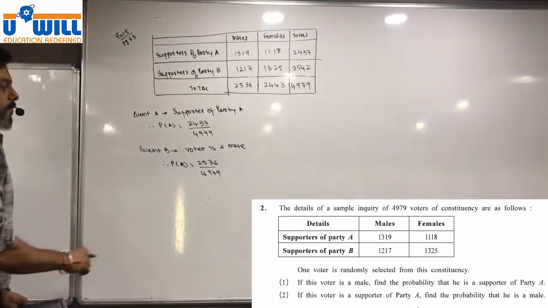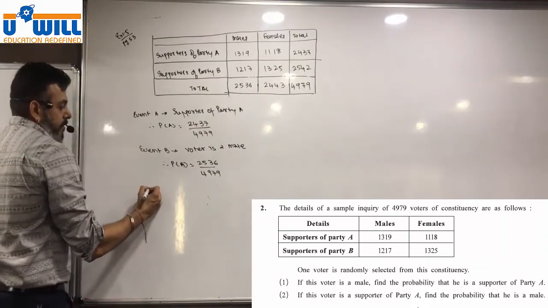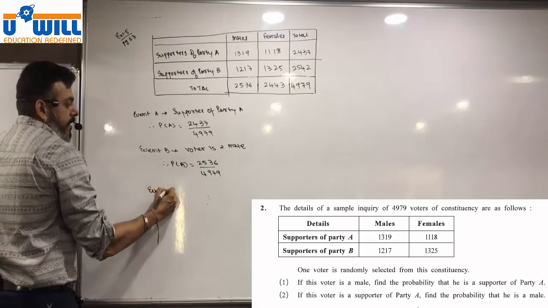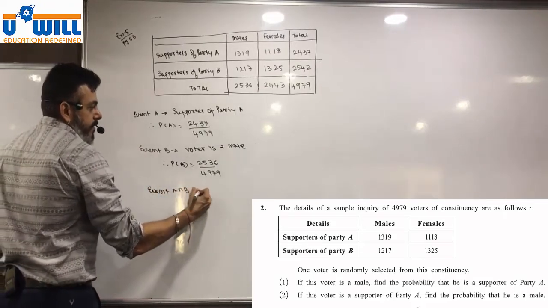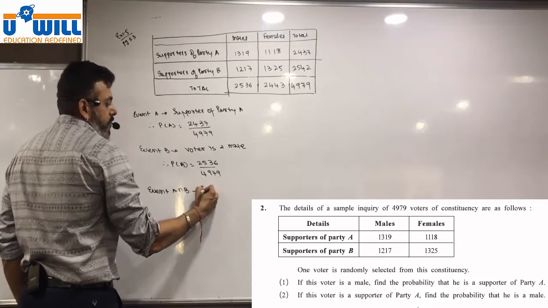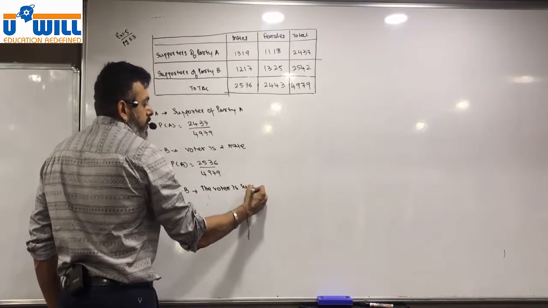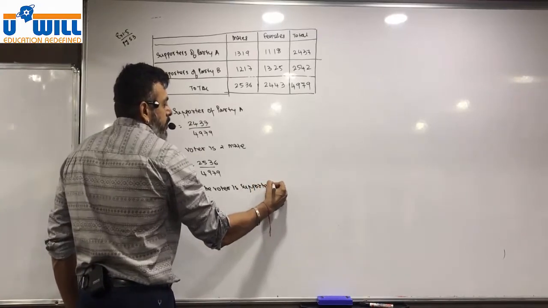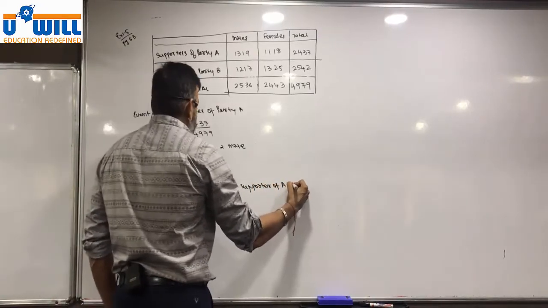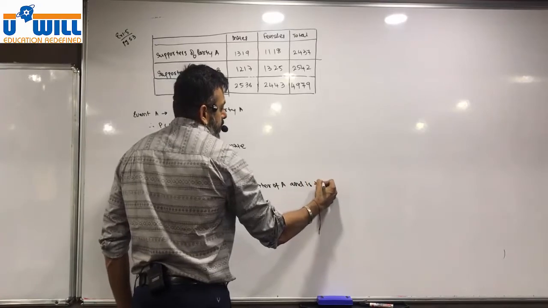Okay, now we will find out event A intersection B, the voter is supporter of A and is a male.